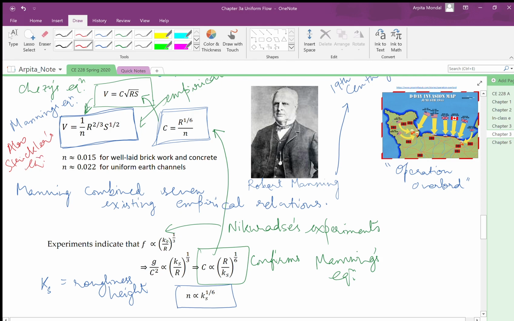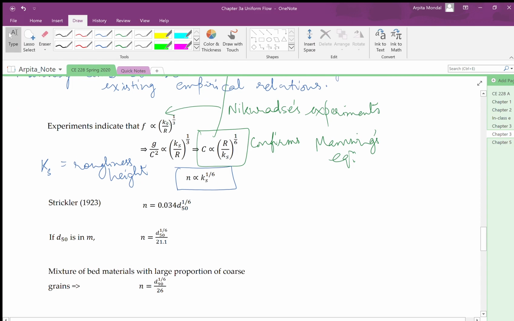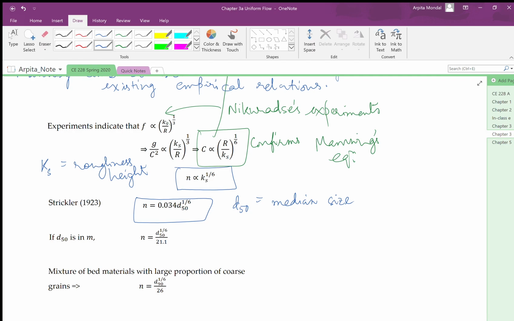What Strickler did was a lot of experimental observations on real life channels and canals, and he related the roughness coefficient n to the D50, which is the median size of the bed material. If the bed is earthen, it would consist of coarse grains, and those grains would have a distribution of their sizes, and the median size of those grains is represented by D50.